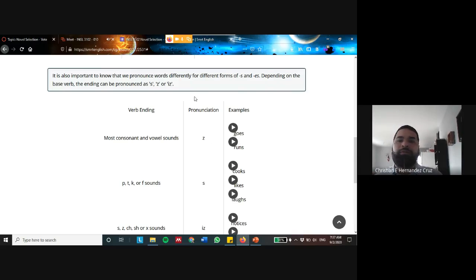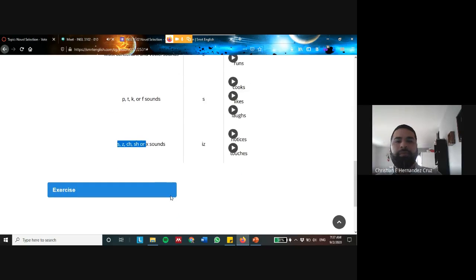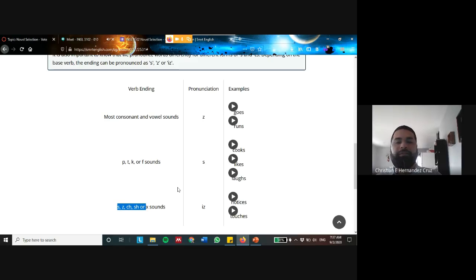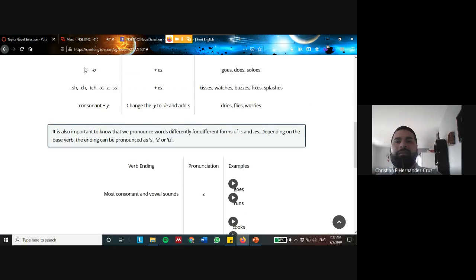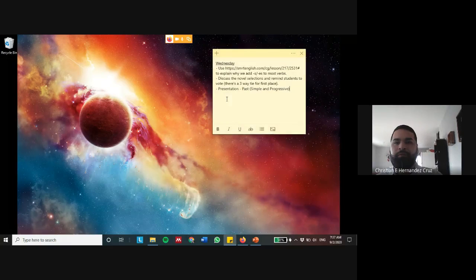There are other ones in which you can change the S or the ES based on the last vowel, which is the Z, the sounds that end with P, T, K, or F, and of course these, in which you just add S, or ES, sorry. There are a couple of exercises, but I'm not going to go into that right now. So right now what we are going to do is this presentation here.